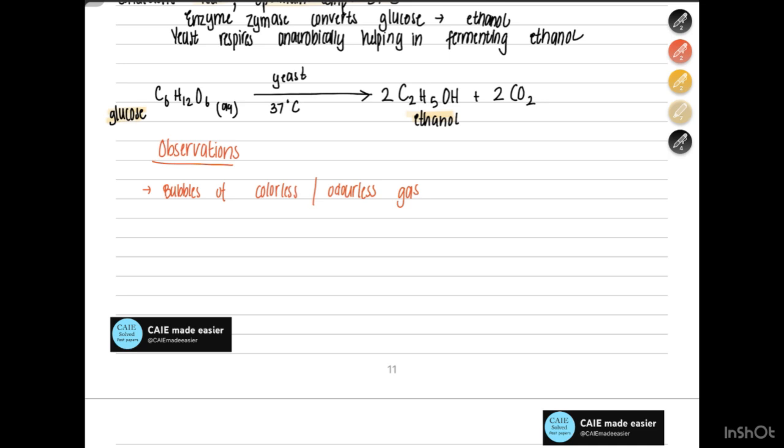So bubbles of colorless, odorless gas. And secondly, carbon dioxide turns clear lime water milky. This is also known as the test for CO2.